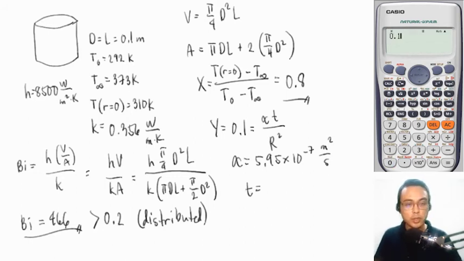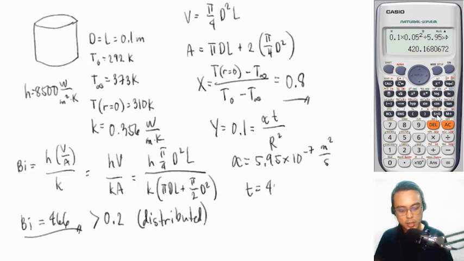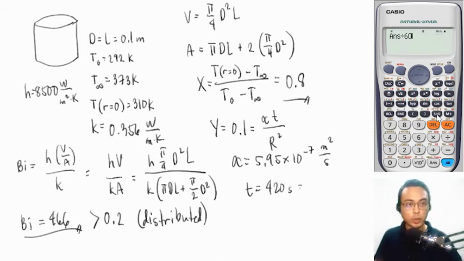That is 0.1 times radius squared, 0.05 squared, divided by the thermal diffusivity, 5.95 times 10 raised to negative 7. This answer is in seconds. So our answer is 420 seconds. Let's convert that to minutes. That is 7 minutes.